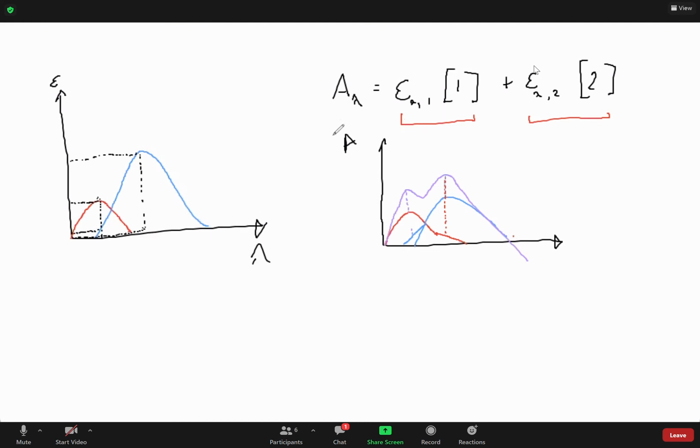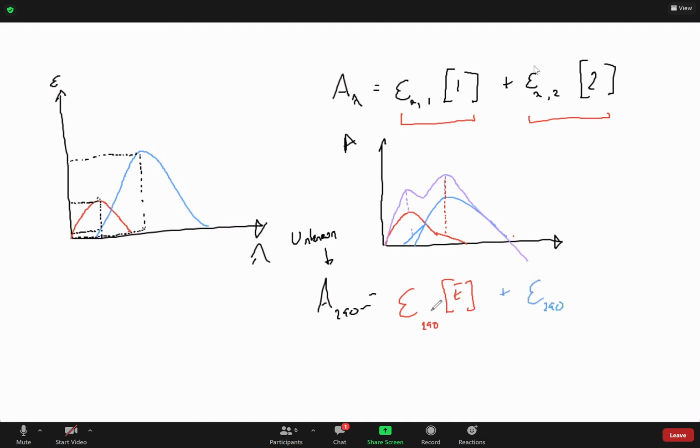And that will lead you to make 2 simultaneous equations. So one where you've got the absorbance at 290 of your unknown is equal to the extinction coefficient of ethanol at 290 times the concentration of ethanol, which you won't know yet, plus the extinction coefficient of butanol at 290.